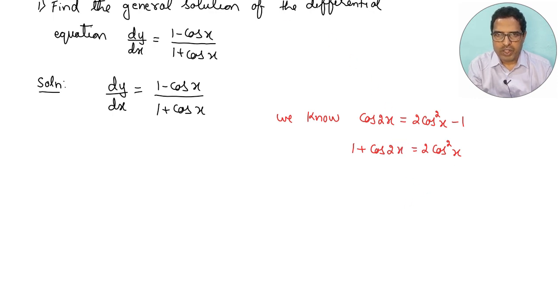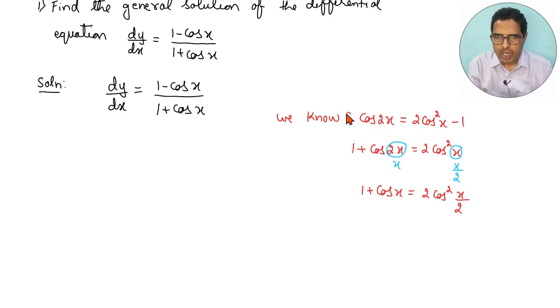But suppose I try to replace this 2x value by x. If 2x is there, you are getting x. If you are having x, then it becomes a half angle. Then x will be replaced by x by 2. Therefore, 1 plus cos of x will be nothing but 2 cos square x by 2.